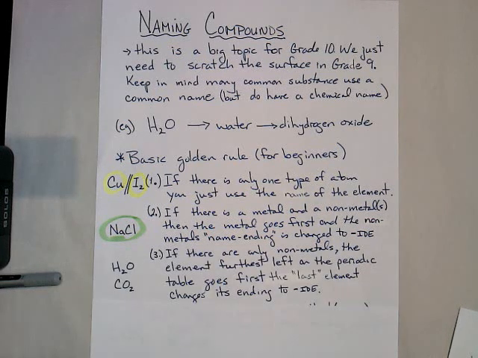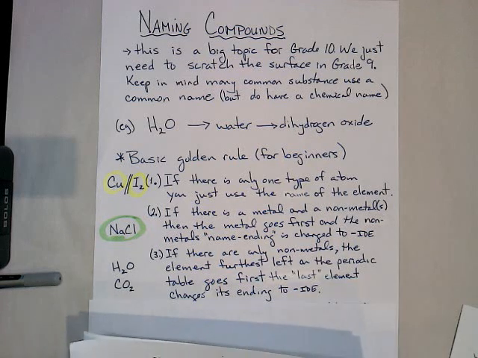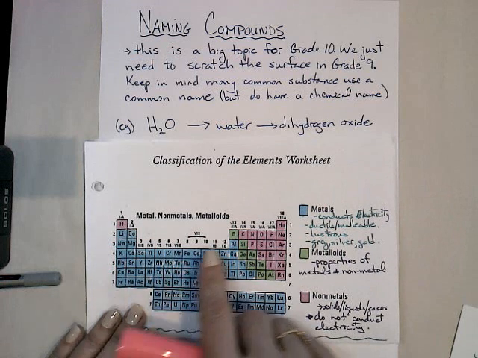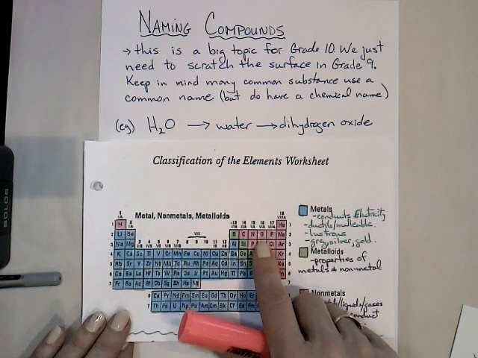All right, number 3. If there are only non-metals, then the element furthest left on the periodic table goes first. The last element changes its ending to "ide." And so I'm going to skip over water for a second here and look at carbon dioxide. So you can see that, if we look at this, here's carbon, it's further to the left, and oxygen.